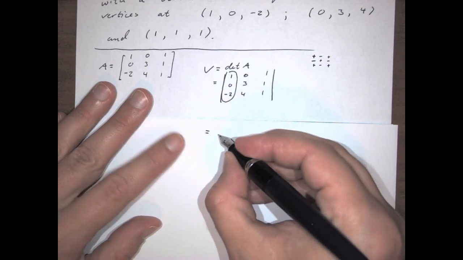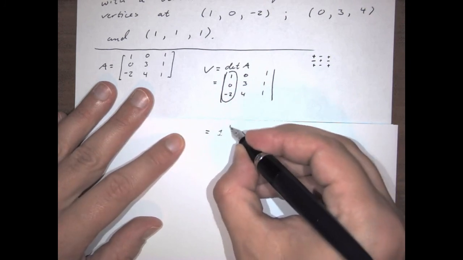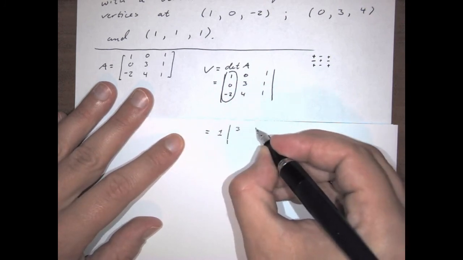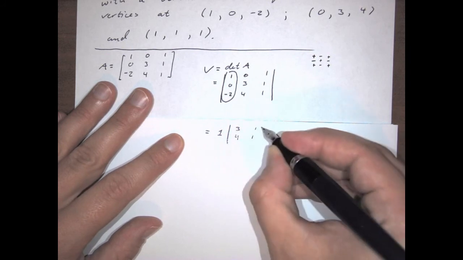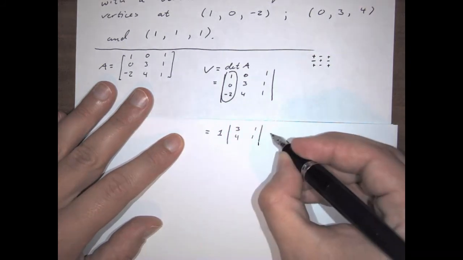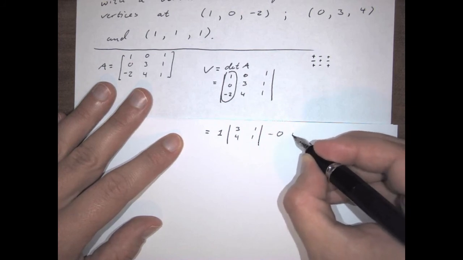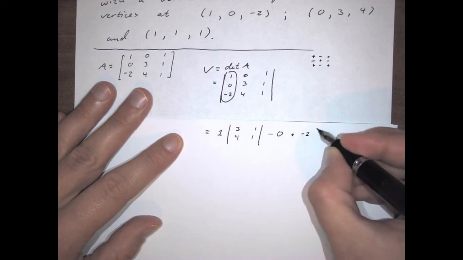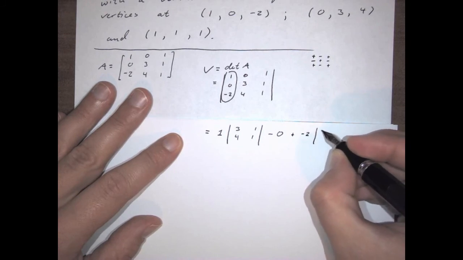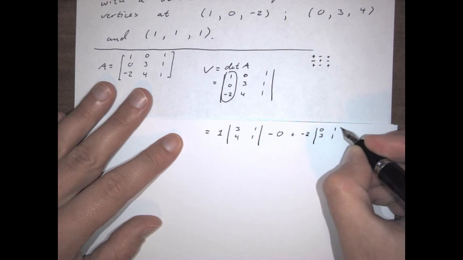Okay, so it's going to be 1 times, and then we have 3, 1, 4, 1. And then it's going to be minus 0, and then it's going to be plus negative 2 times 0, 1, 3, 1.